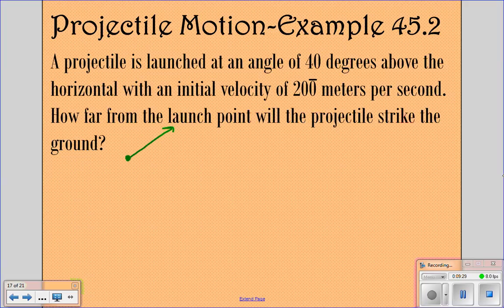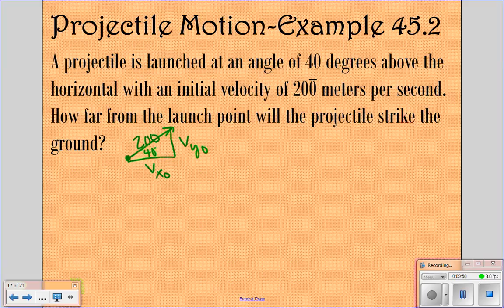We can draw a triangle here, and we can find our velocity in the x direction and our velocity in the y direction initially. This angle is a 40-degree angle, and the initial velocity is 200.